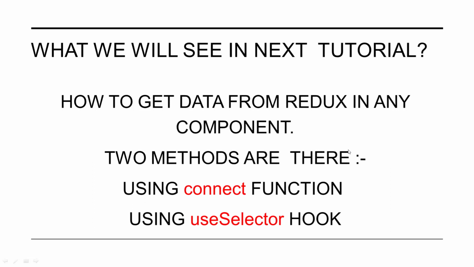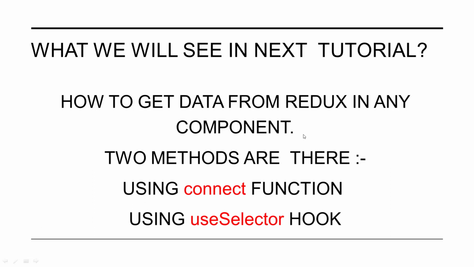So now let's see what we are going to cover in our next tutorial. In the next tutorial we will see how to get data from our Redux in any component, and how to change the Redux state.